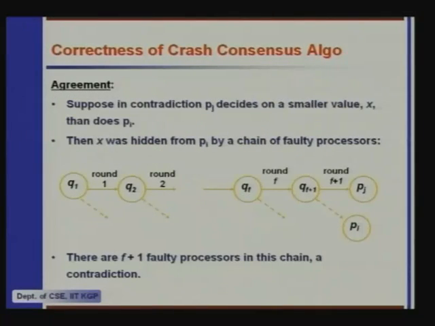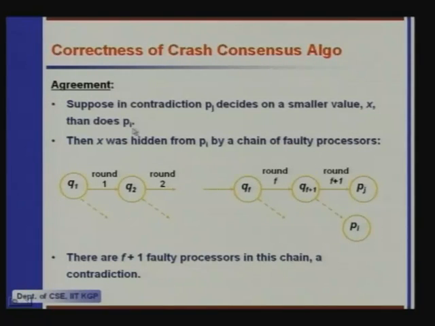Now, let us look at the agreement. Suppose we look at the contradiction that Pj decides on a smaller value x than does Pi. We start by assuming that at the end of the algorithm, Pj decides on a value x which is smaller than the value on which Pi agrees.